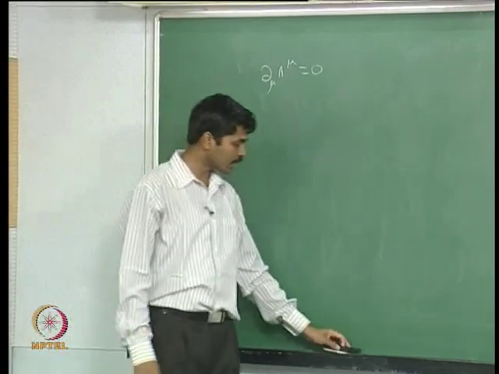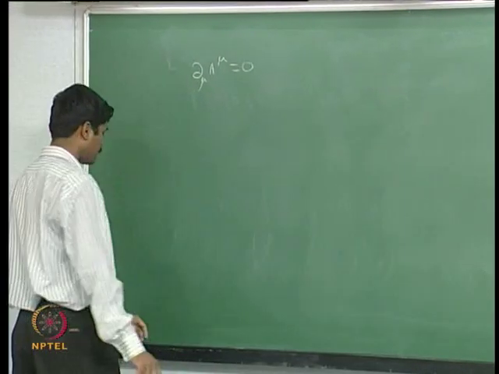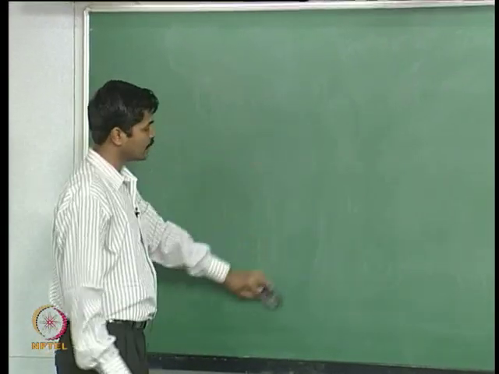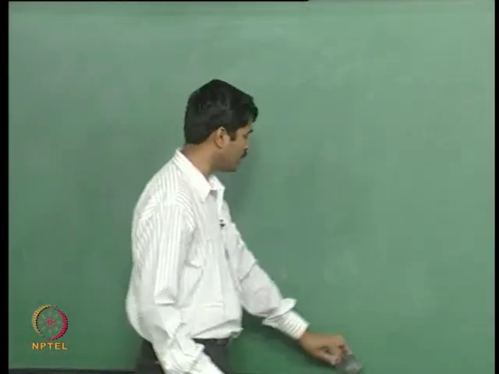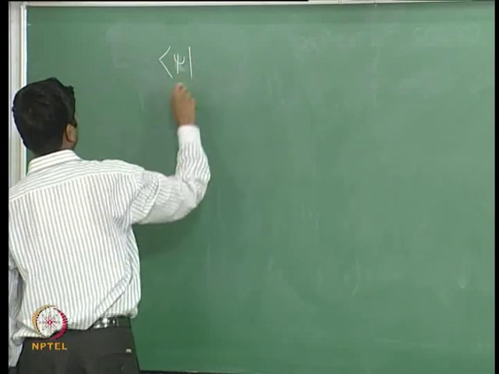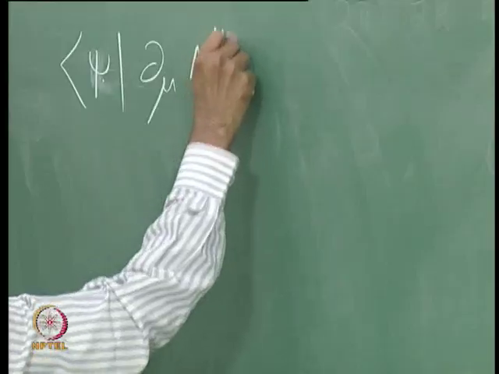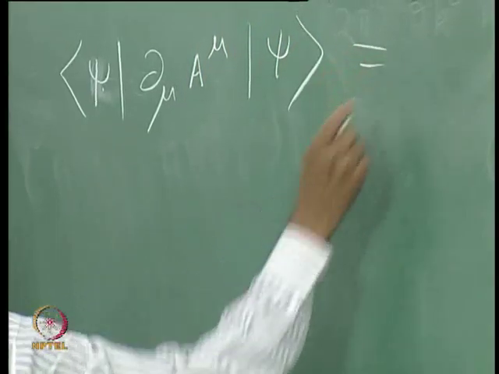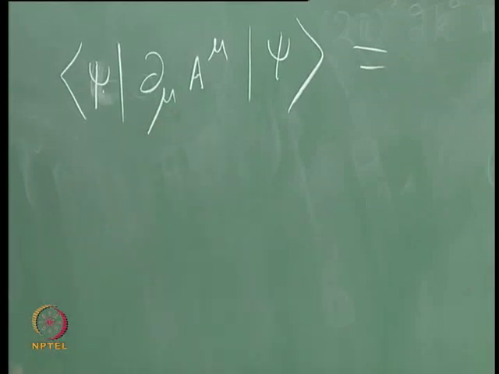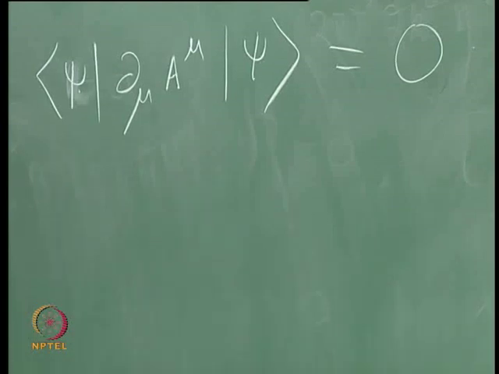What we will say is that the states in the Hilbert space are physical if they satisfy this condition: suppose ψ is a state for which the expectation value of the operator ∂_μ A^μ in this state is 0, then this is a physical state. So this is the physical state condition that we are going to impose.